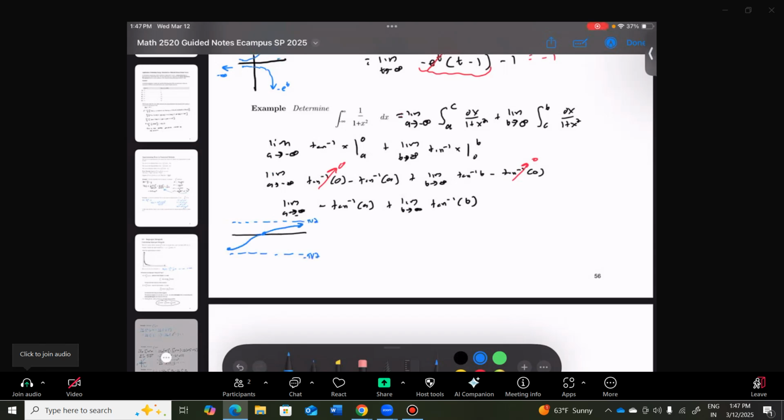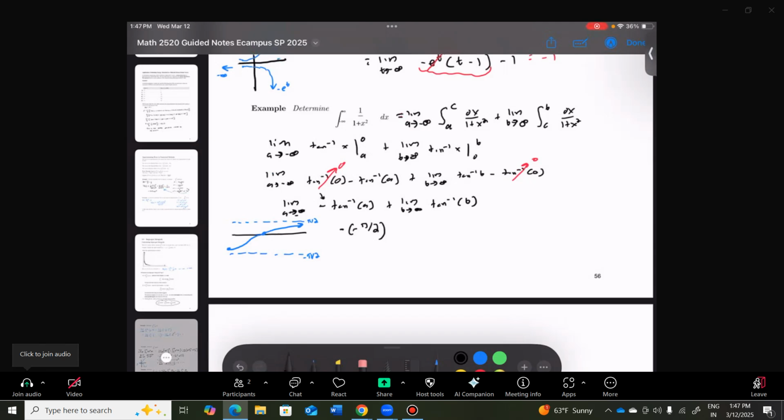As a goes to negative infinity, the inverse tangent goes to negative pi over 2. So that would be this first one, negative pi over 2, negative from this negative here.